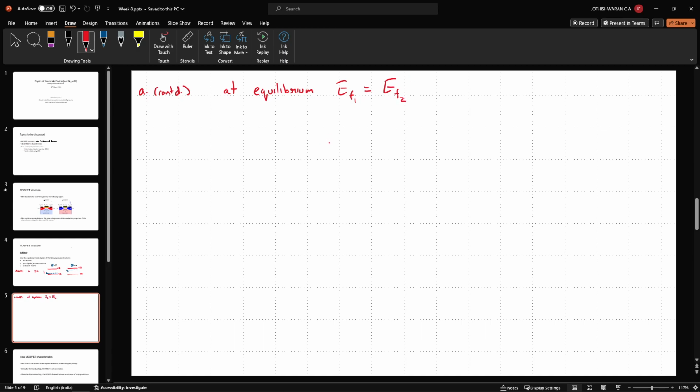Because of that, let me start by just drawing the Fermi level first. Let me say this value is equal to some EF. So now this is the value that is EF.